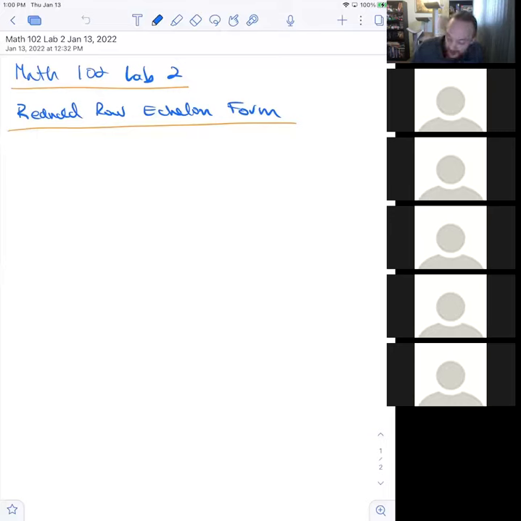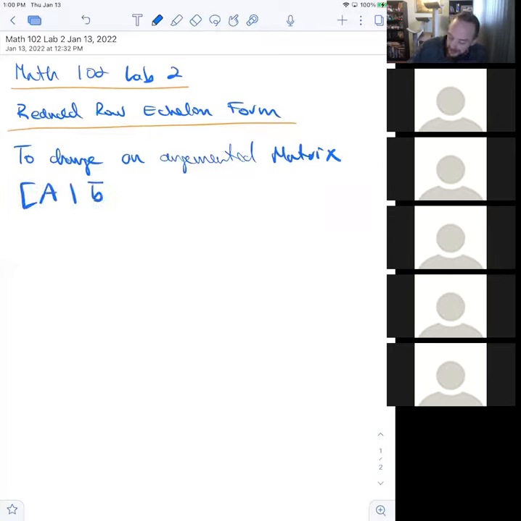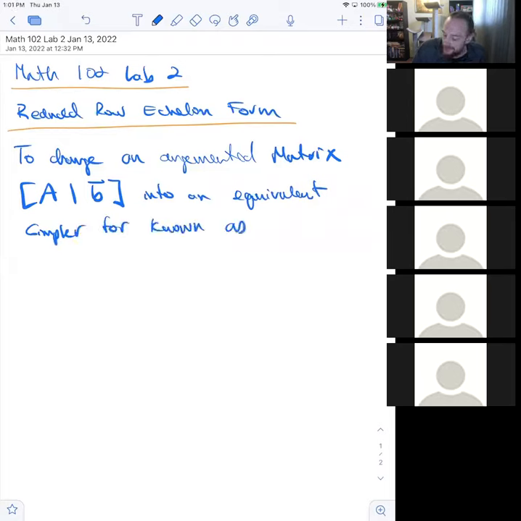So we have 3 row operations to change an augmented matrix, which I'll denote the coefficient matrix equals that B vector, into an equivalent simpler form known as REF, or even reduced row echelon form.